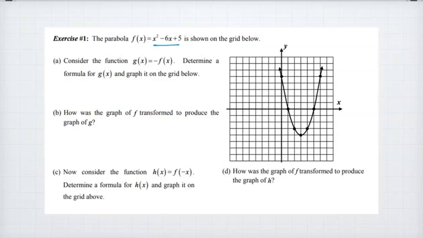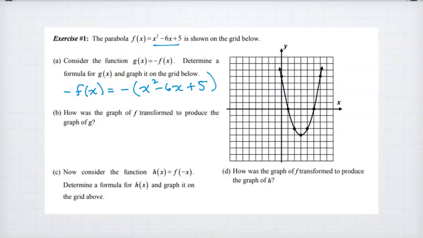If I'm going to have negative f of x, negative f of x is just going to be f of x, whatever that is, and I'm going to make it negative. So it's negative x squared minus 6x plus 5. And if I distribute that negative, I'm going to get this new function.